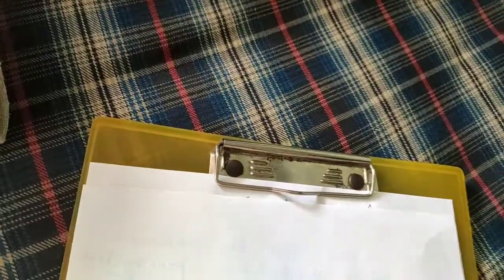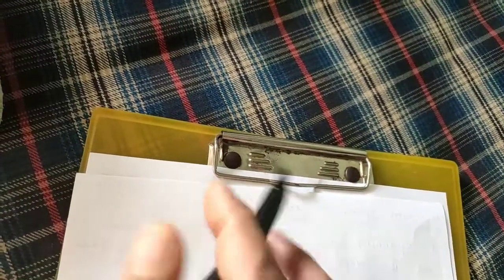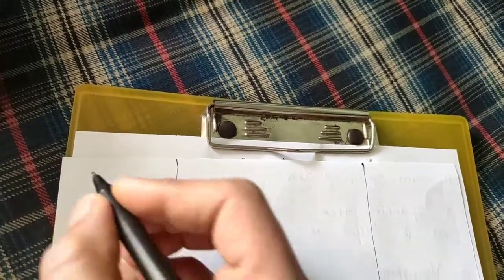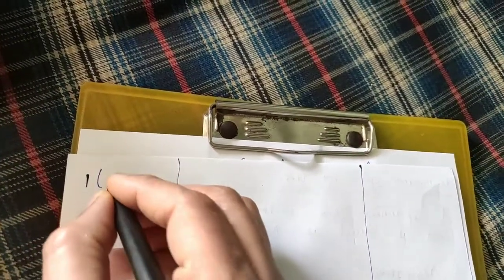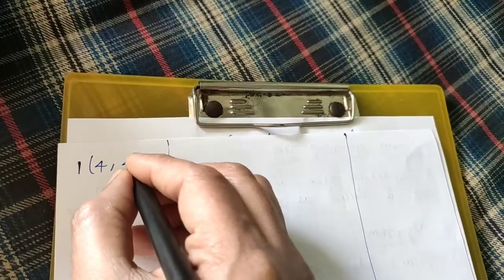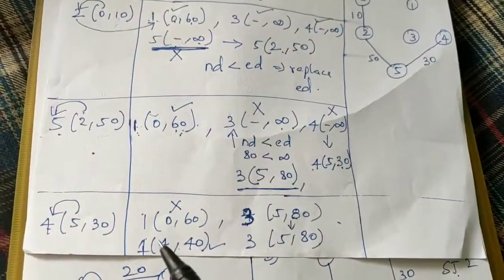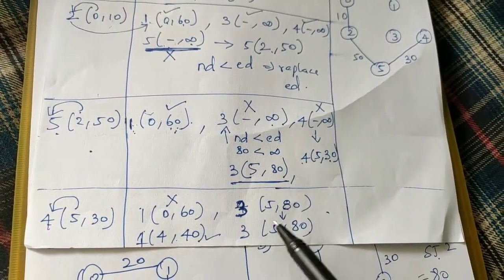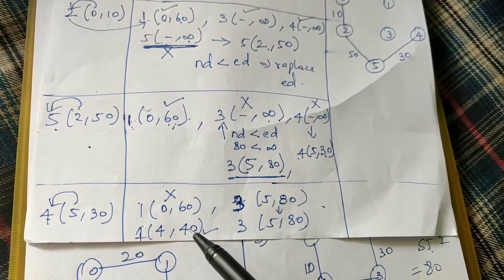So I am just going to process the first vertex with a source this one. See, out of these two, which vertex is having the minimum distance?